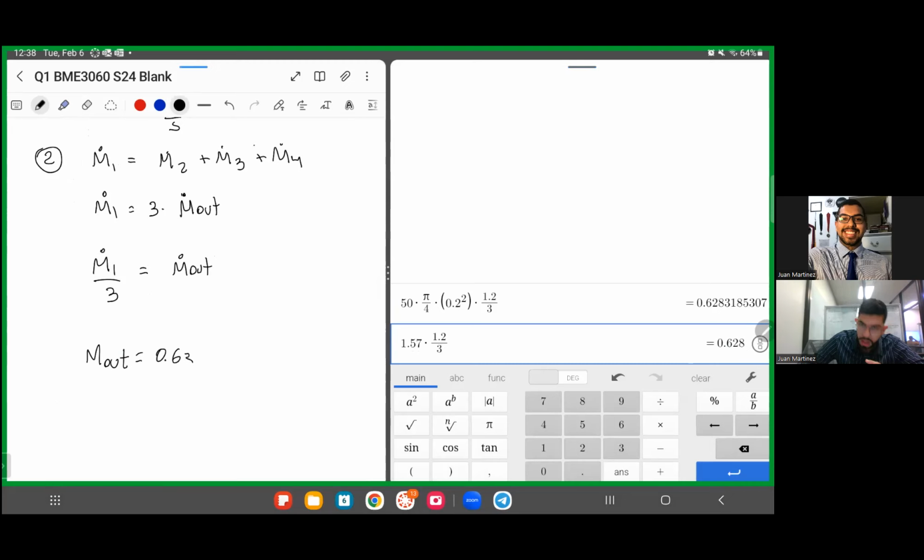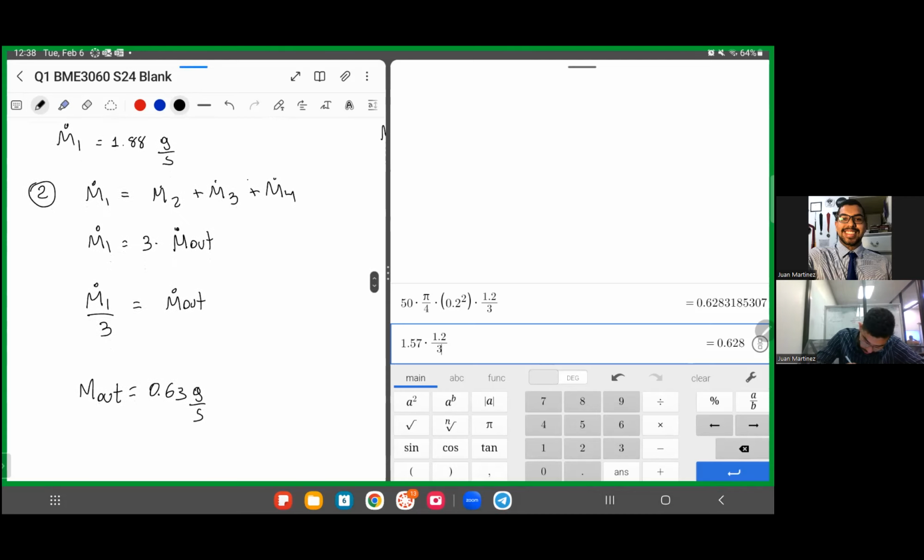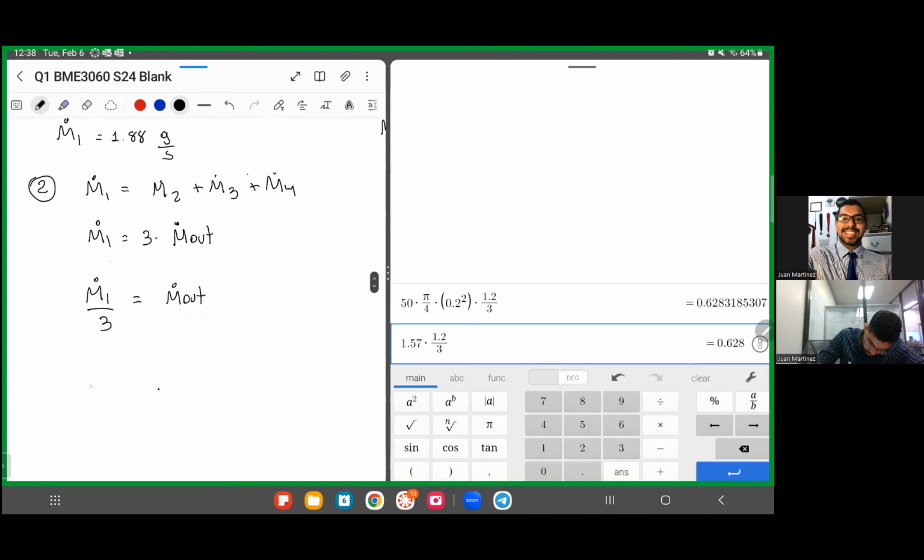Oops, my bad, 63, no, 0.63. Let me write it. So 1.88 grams per second divided by 3 is equal to M out.